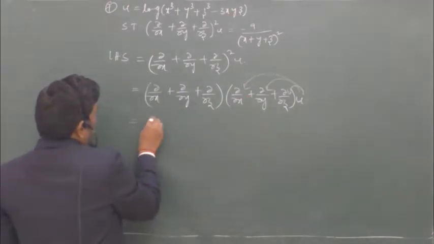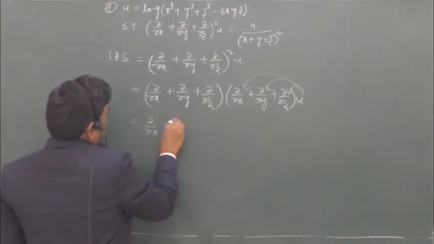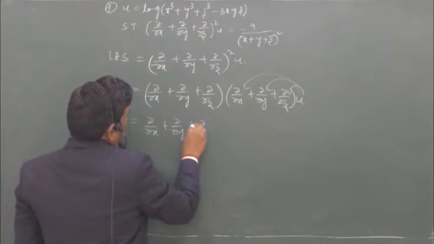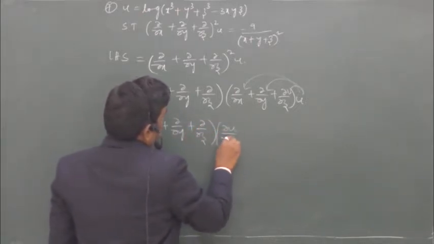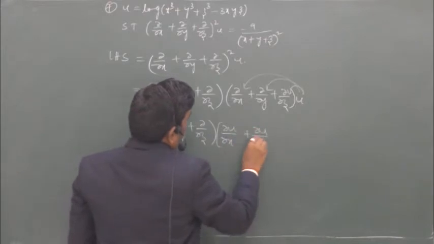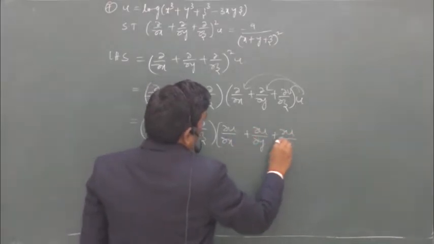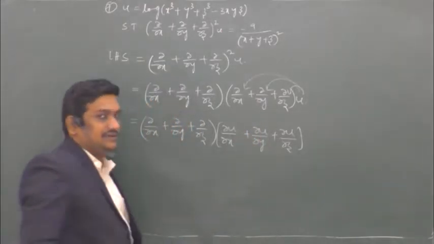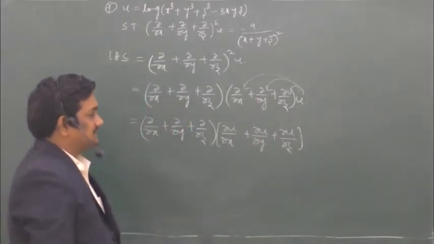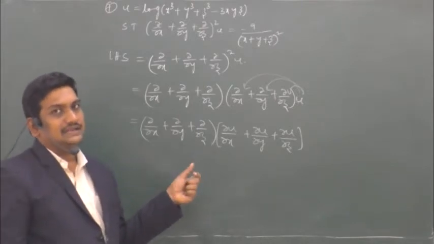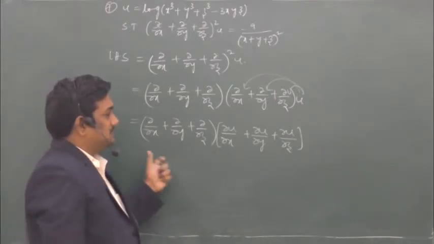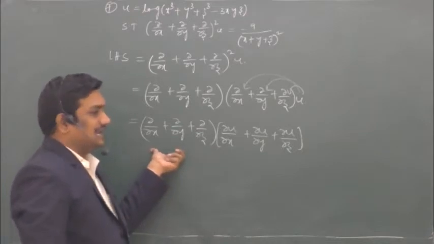It will be (∂/∂x plus ∂/∂y plus ∂/∂z) into (∂u/∂x, ∂u/∂y, ∂u/∂z). So first you need to evaluate ∂u/∂x, ∂u/∂y, ∂u/∂z, add all the three and use the result to simplify the LHS part.